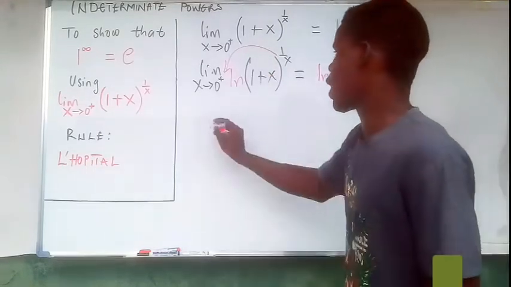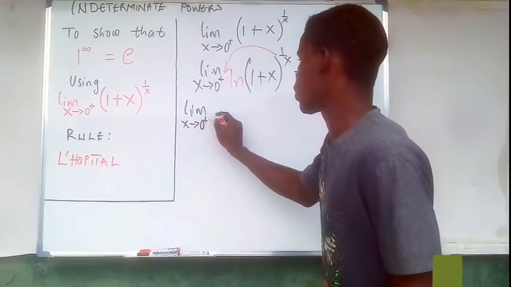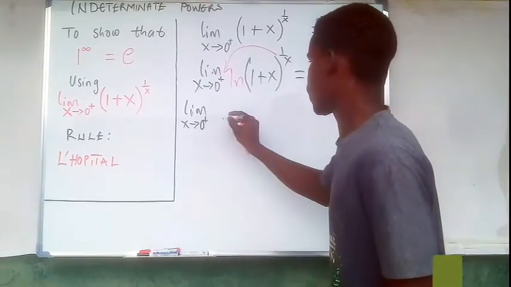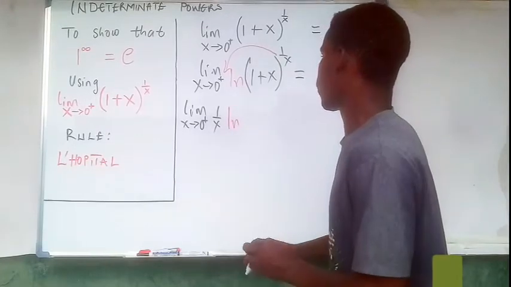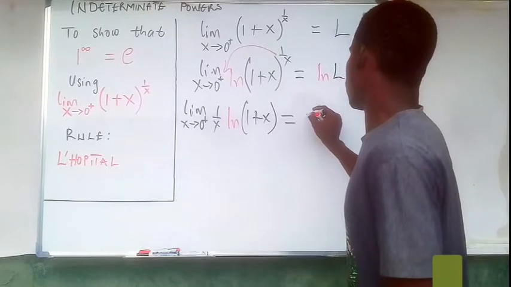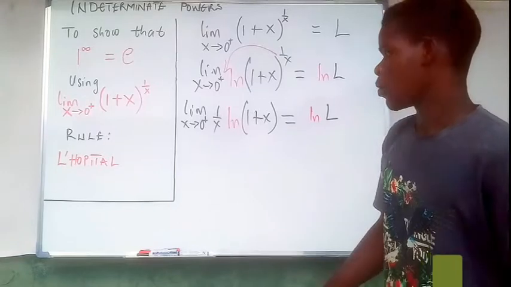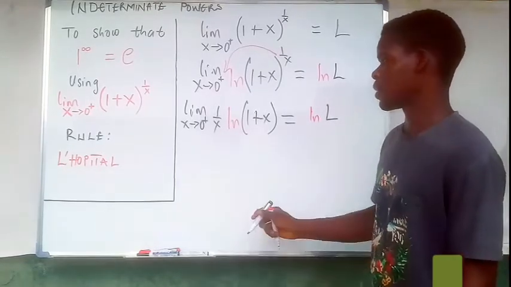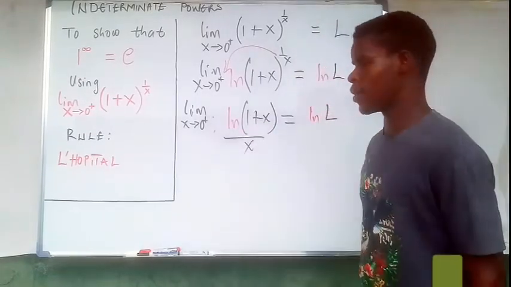We're going to have the limit as x approaches 0 plus of 1 over x times ln of the bracket, 1 plus x, is equal to ln of L. Now, this can be written as ln(1 + x) over x. It's the same thing.